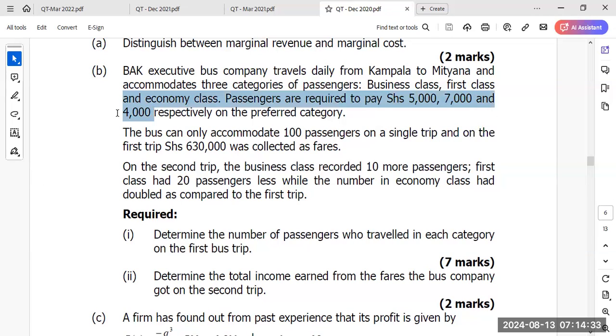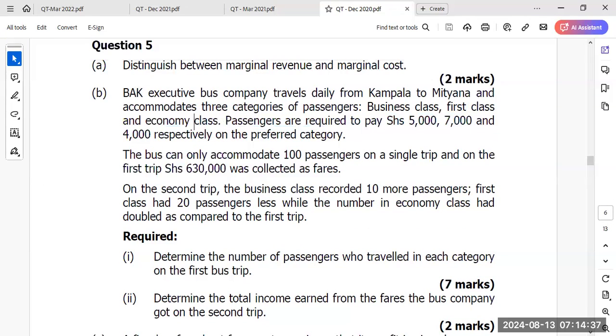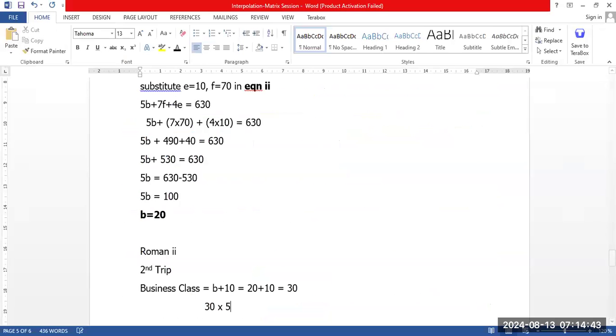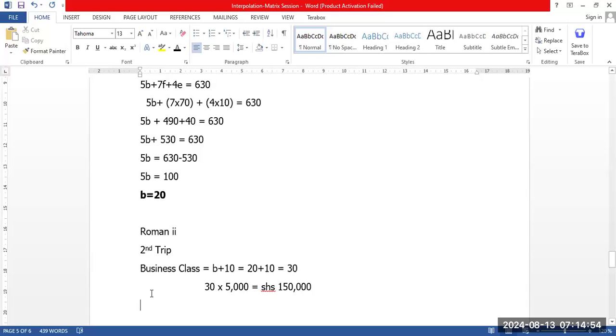Then economy class, it is 4,000. So here you will multiply by 5,000. And that is shillings 150,000. These are passengers.